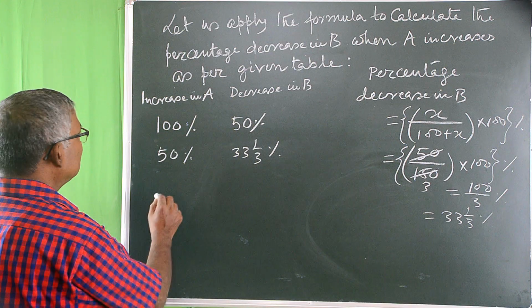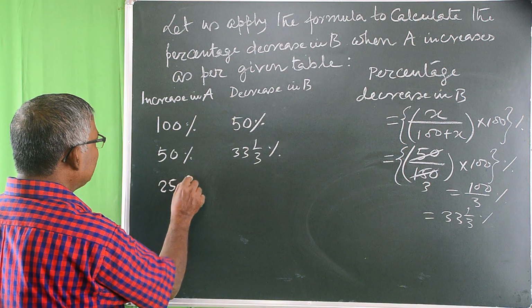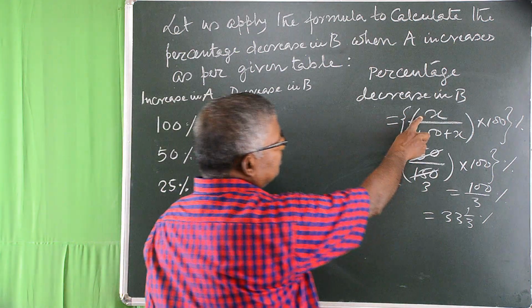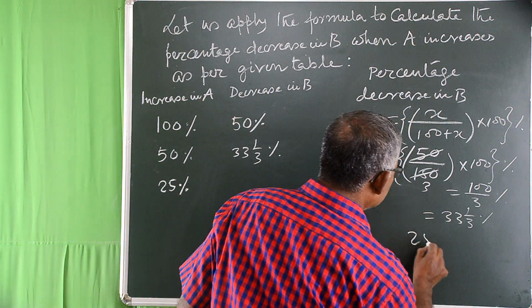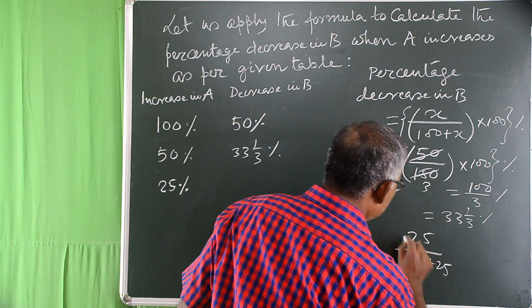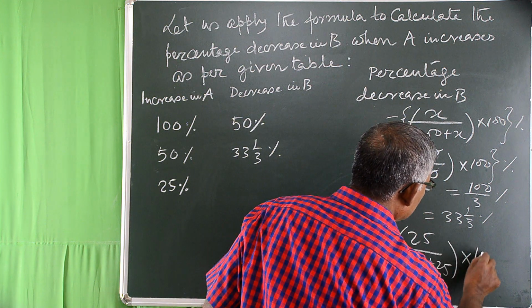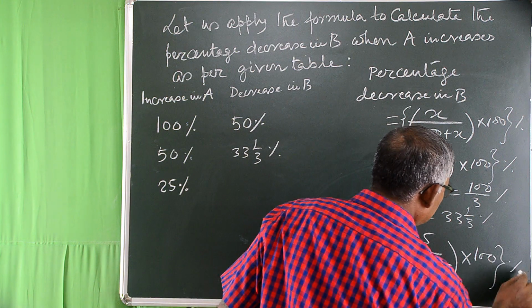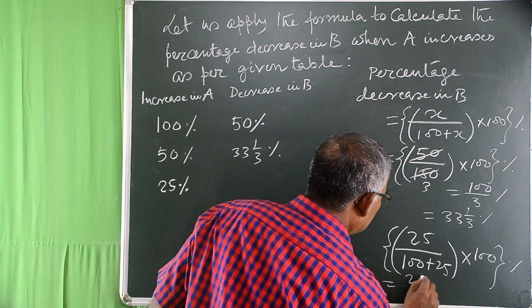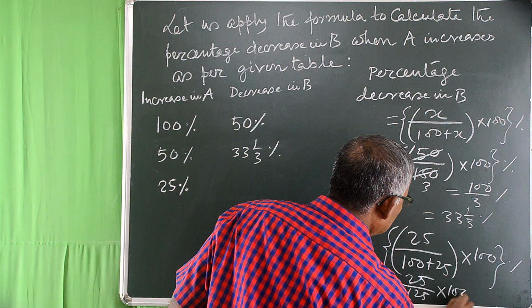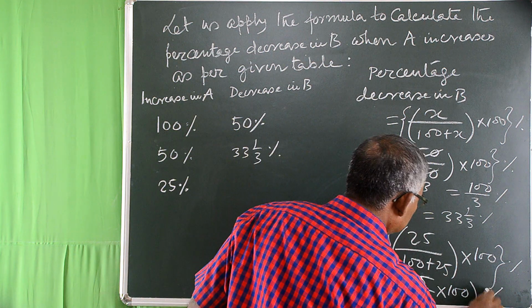Let us consider when A is increased by 25%. So here the value of X is 25, that is 25 by 100 plus 25 into 100% equal to 25 by 125 into 100%.